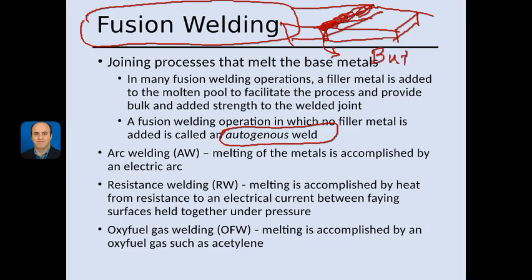Depending on how you put the metals together for the joining process, for welding, they have different names. For example, this configuration is called a butt weld. We have other configurations.